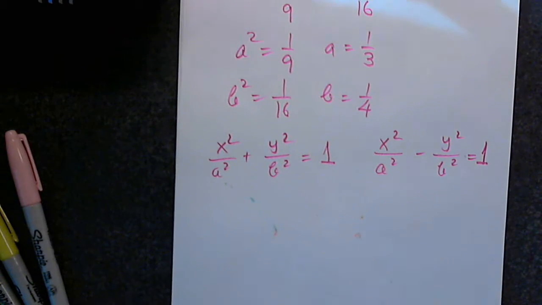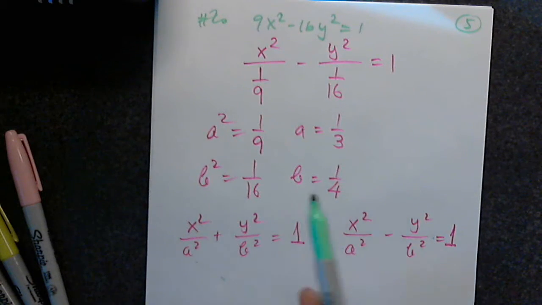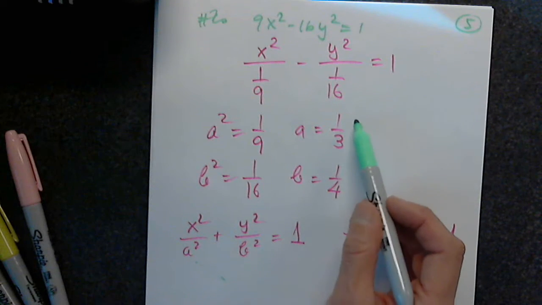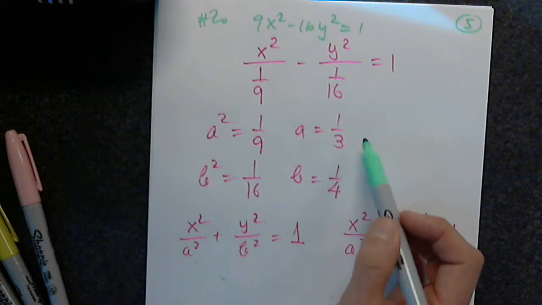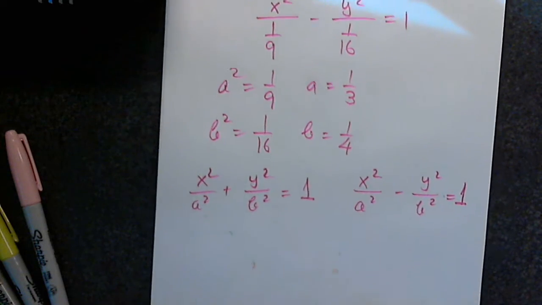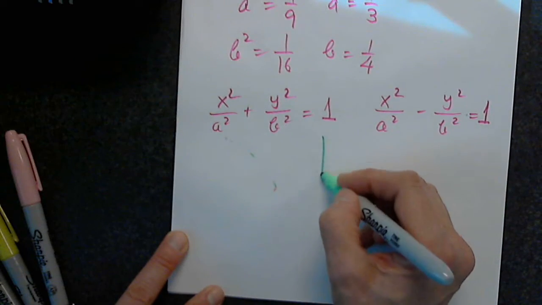Okay, so back to it. It's going to be very difficult for me to graph a vertex of 1/3, comma 0, and a vertex of 0, comma 1/4. So 1/3 is bigger than 1/4, so bear with me.